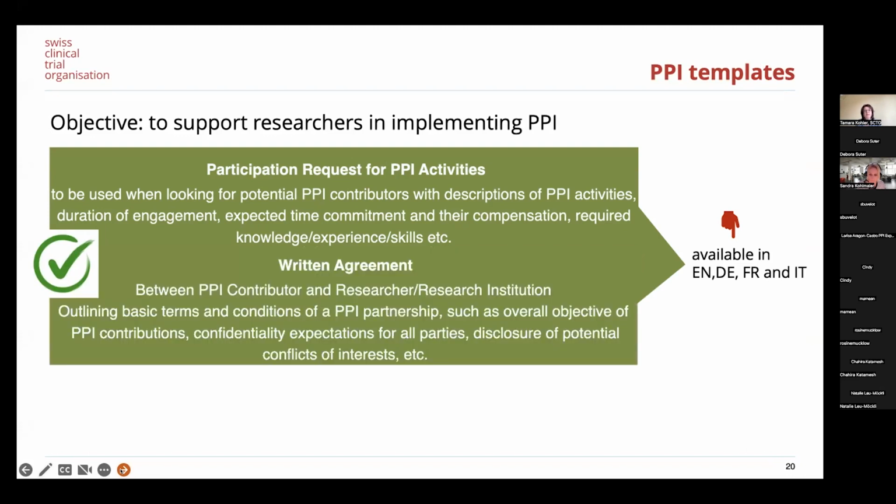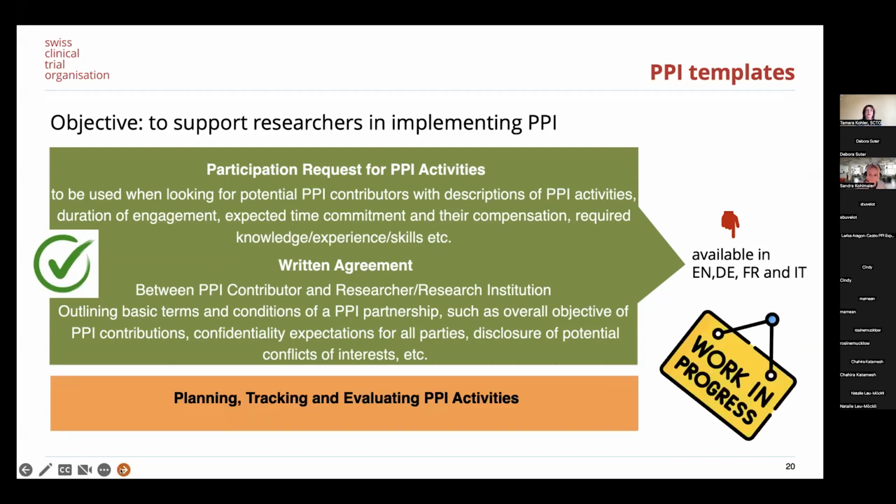The other document is the written agreement template between PPI contributors and researchers or the research institution. This document outlines the basic terms and conditions of a partnership, such as the overall objective of the PPI contributions, confidentiality expectations for all parties, disclosure of potential conflicts of interest, and so on. We are currently also working on a template that could help you plan, track, and evaluate your PPI activities.